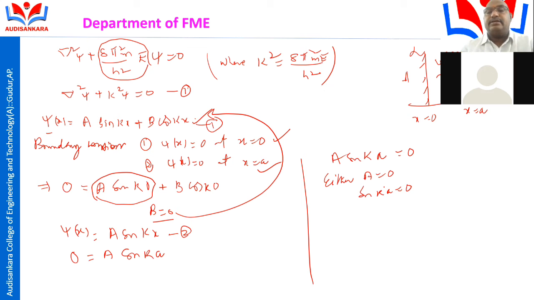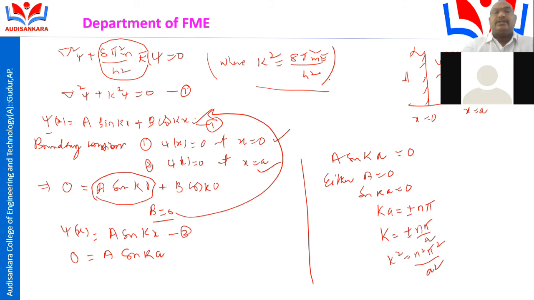Then ka is equal to sin inverse of 0, so k a is equal to plus or minus n pi, because sin 0 is 0, sin 180 degrees is 0, and so on. Then k is equal to plus or minus n pi by a. Then k square is equal to n square pi square by a square.